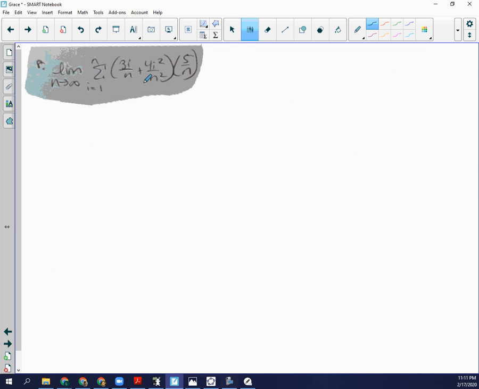21 halves. Now in this one, since both of these have n in the denominator, I would think of this as getting rid of that and making this an n squared. I'll show that in black. And that would get rid of that n. I just factored another n out of the denominator.